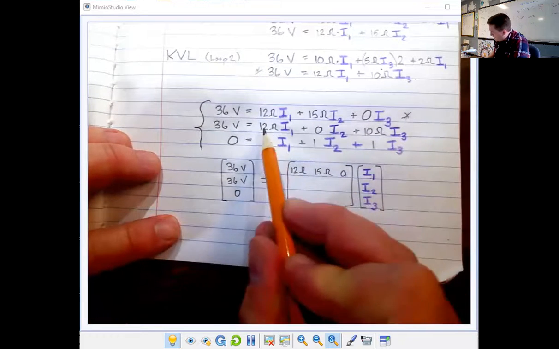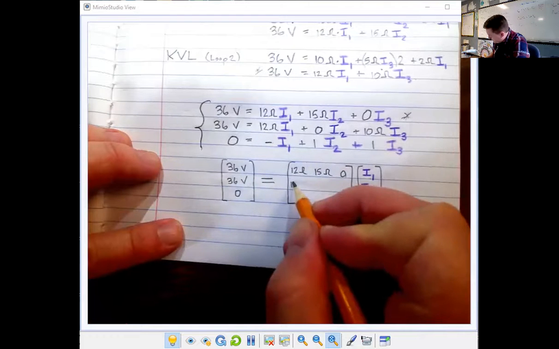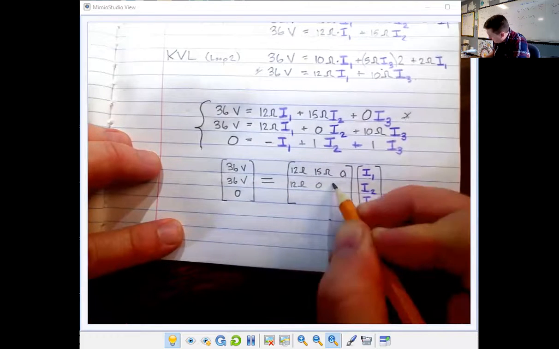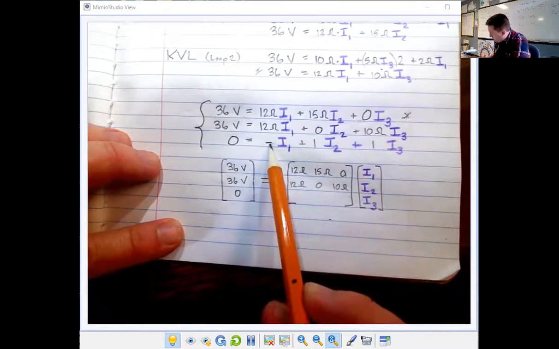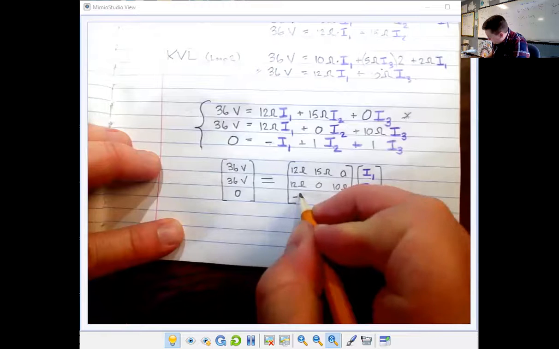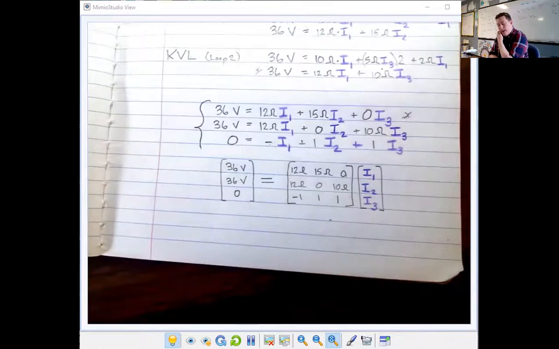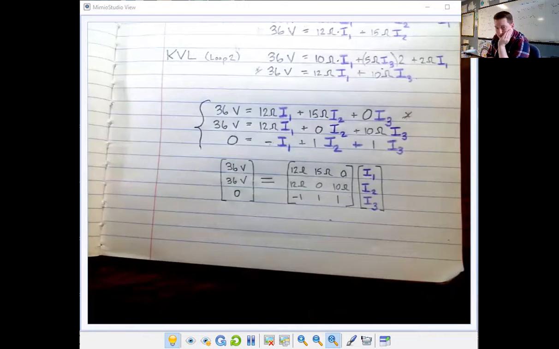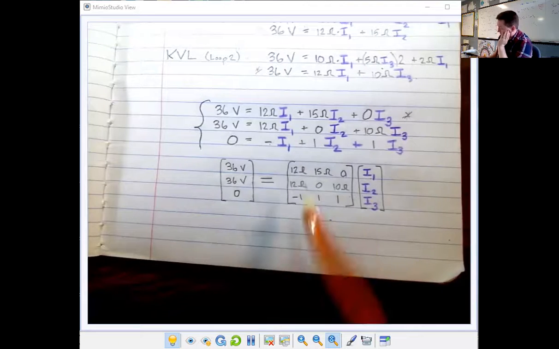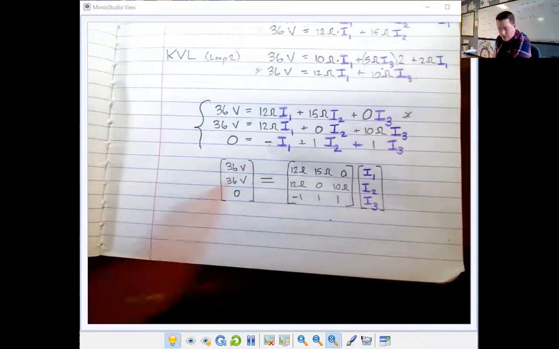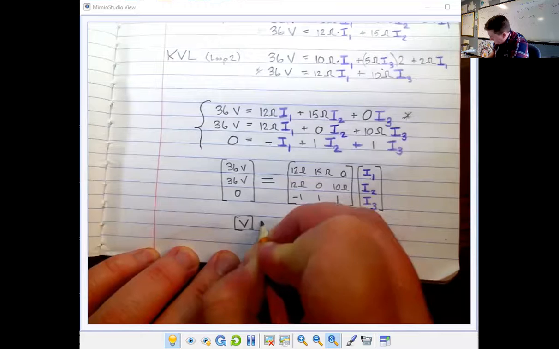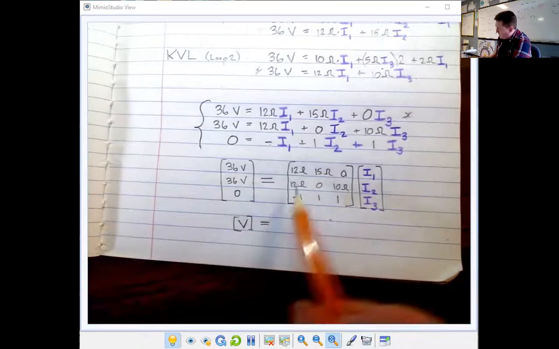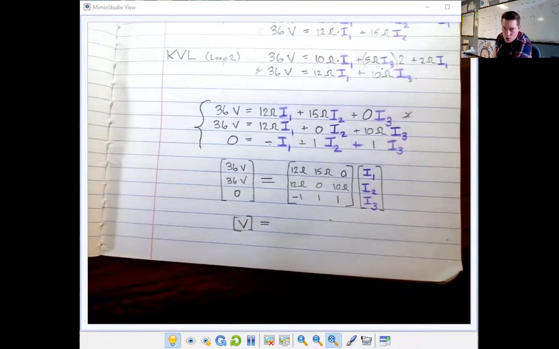My second row will be 12, 0, 10. And my final row will be negative 1, 1, 1. And we get a really interesting thing here with the matrices. If you look at the units inside the matrices, all the units on this matrix are in volts, so I'm going to call that matrix V. And all of my units in this matrix are in ohms.